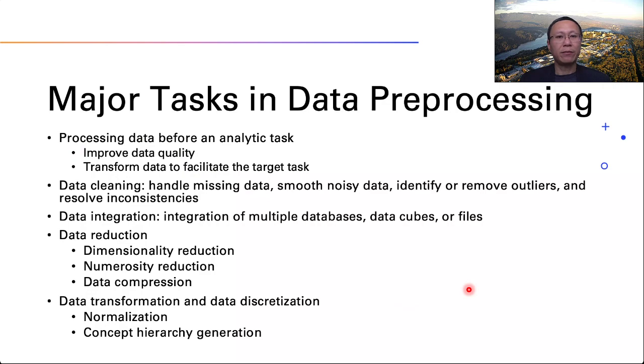You have much of the data. There could be some redundancy. There could be some parts of the data that you do not really need. So you need to do data reduction. When we say data reduction, this may include dimensionality reduction, where you reduce the number of dimensions and remove those attributes you don't need, or numerosity reduction.